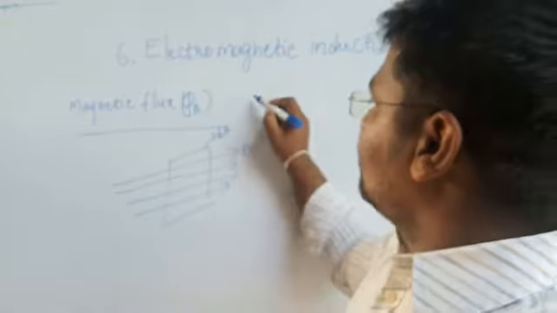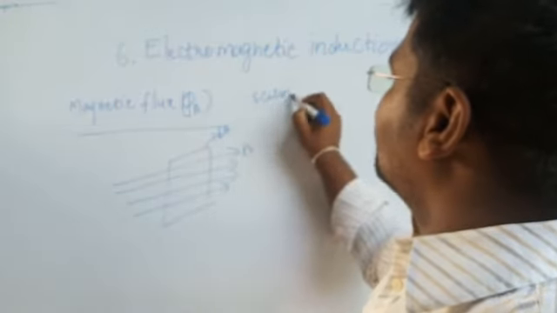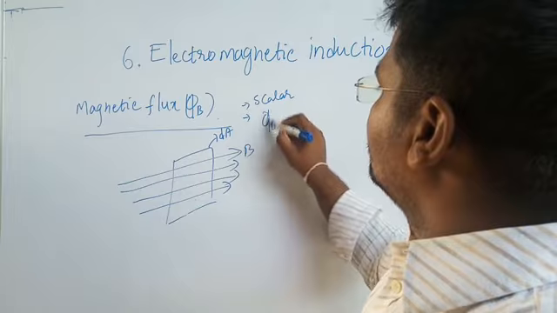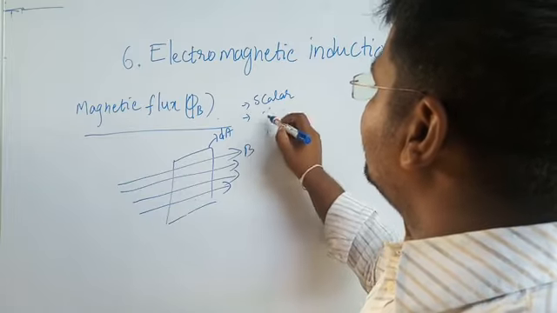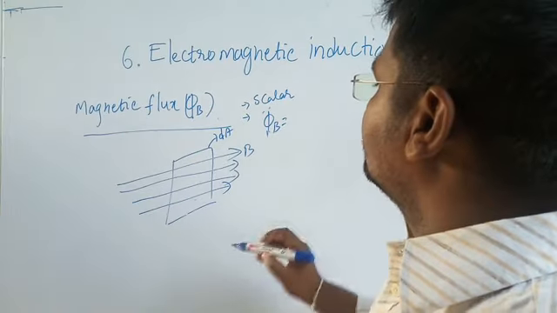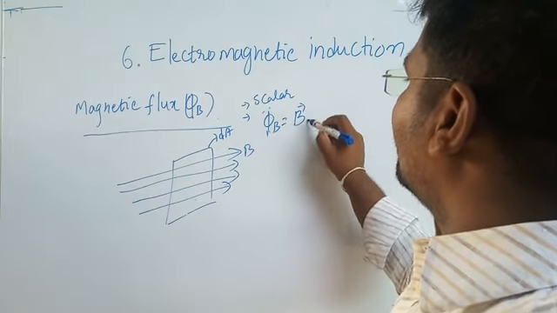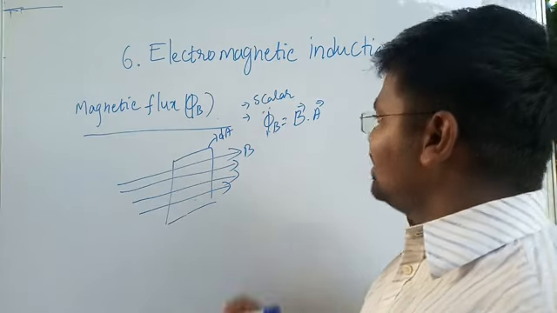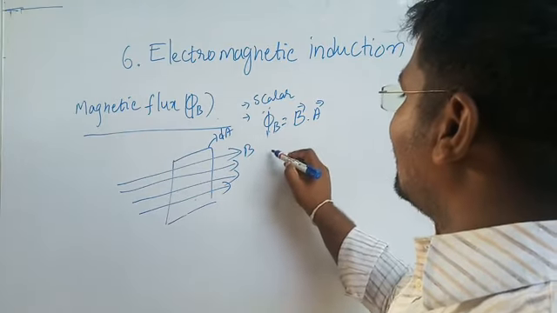It is a scalar quantity. The formula is phi B equals B vector dot A vector, where B is the magnetic field induction and A is the cross section area.